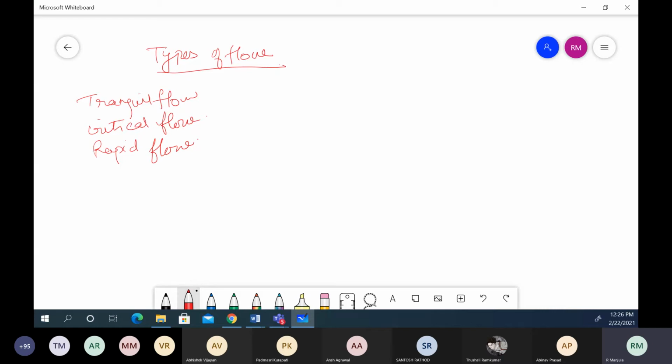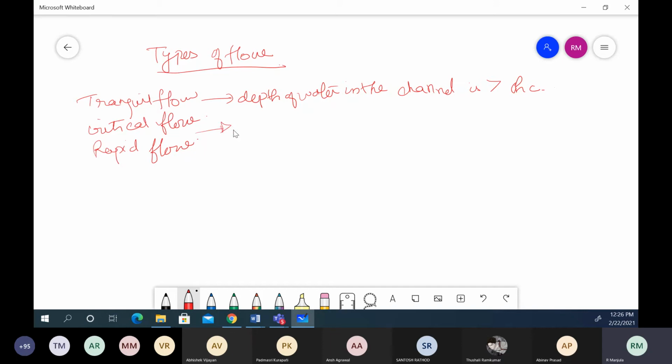What is tranquil flow? If the depth of water in the channel is greater than critical depth, HC, then the flow is called tranquil flow.